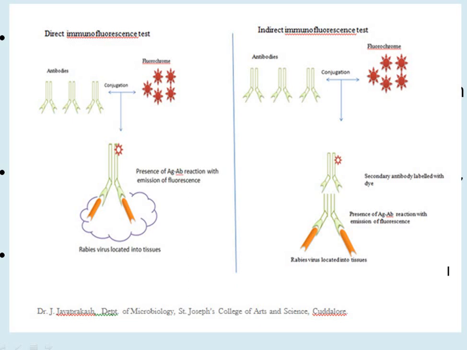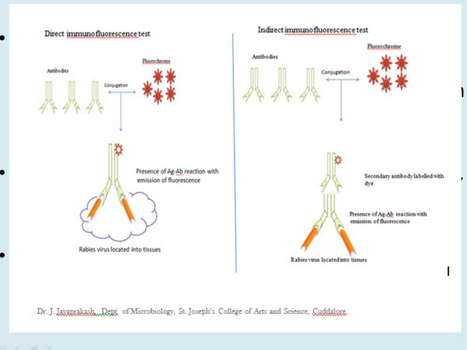The second one is also known as the indirect immunofluorescence test. In this test, they use a secondary antibody conjugated with fluorochrome, also known as a fluorescent antibody. Initially the patient serum, which is the primary antibody, is added to the tissue sample.